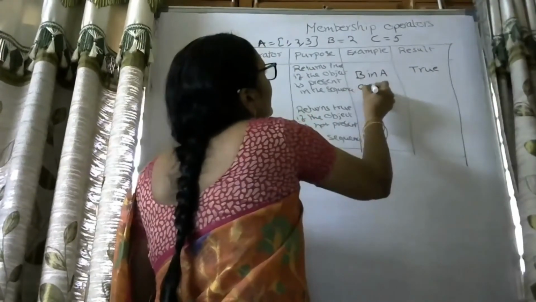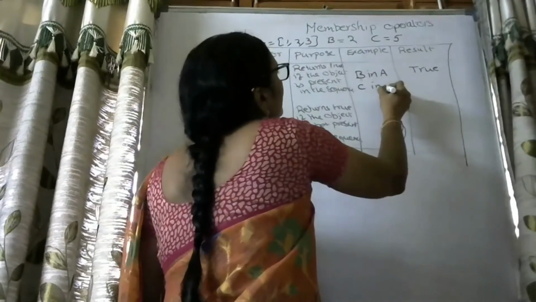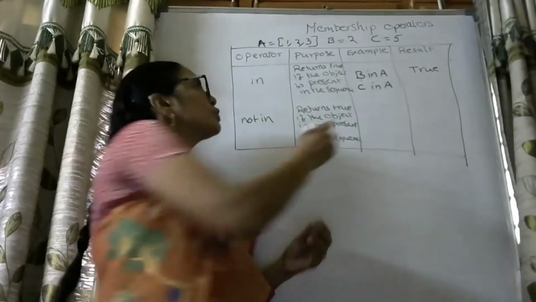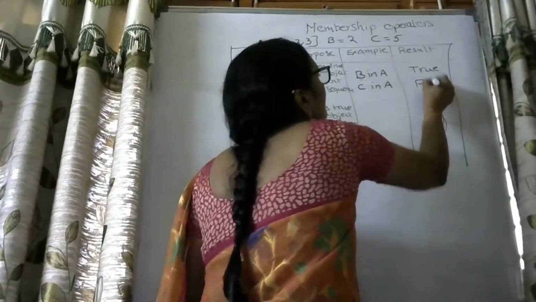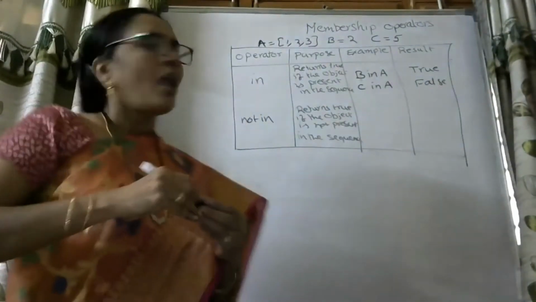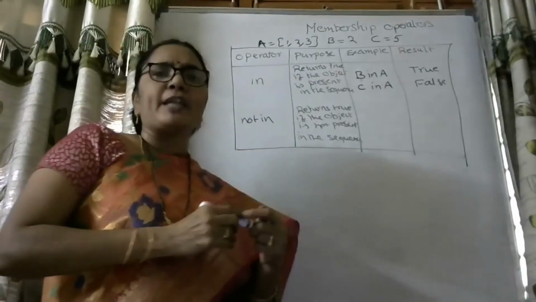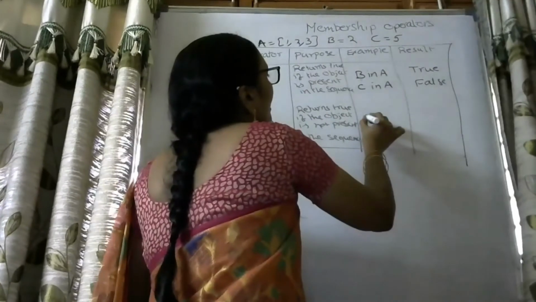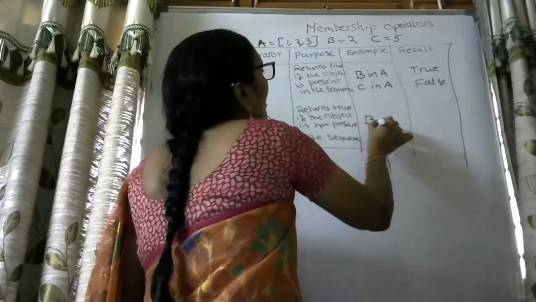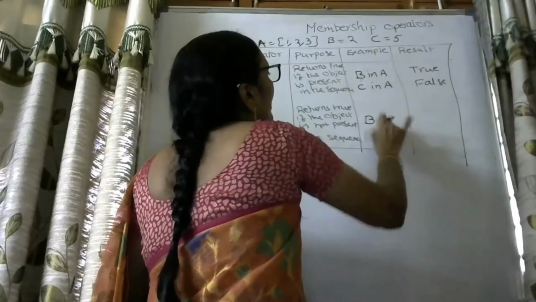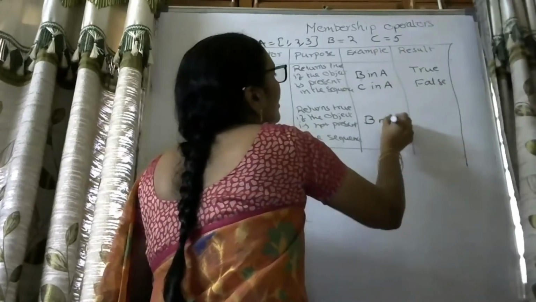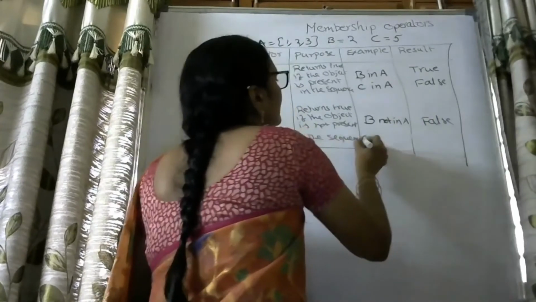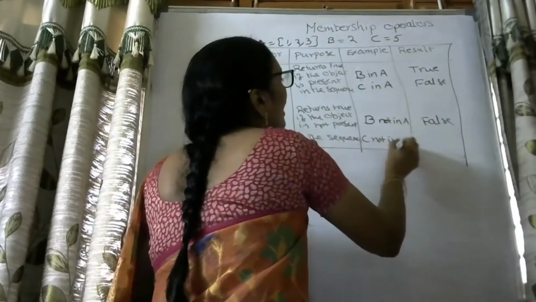If I write C in A, 5 is not available in the list A, so it will become false. The not in operator is opposite to the in operator. So B not in A will become false.